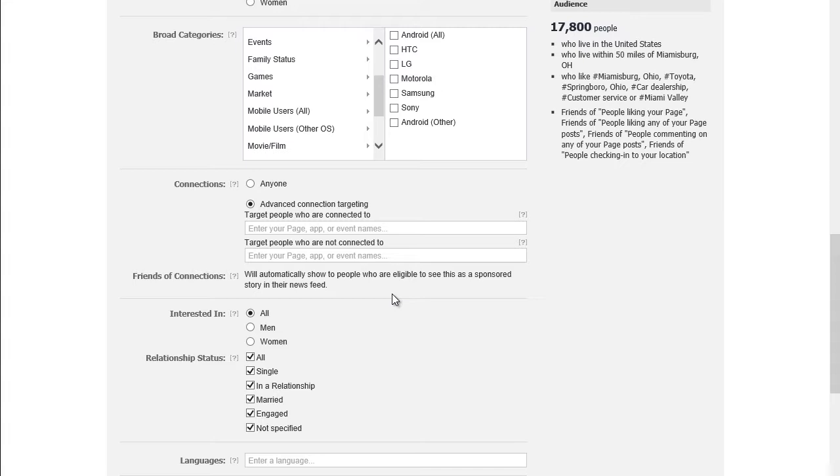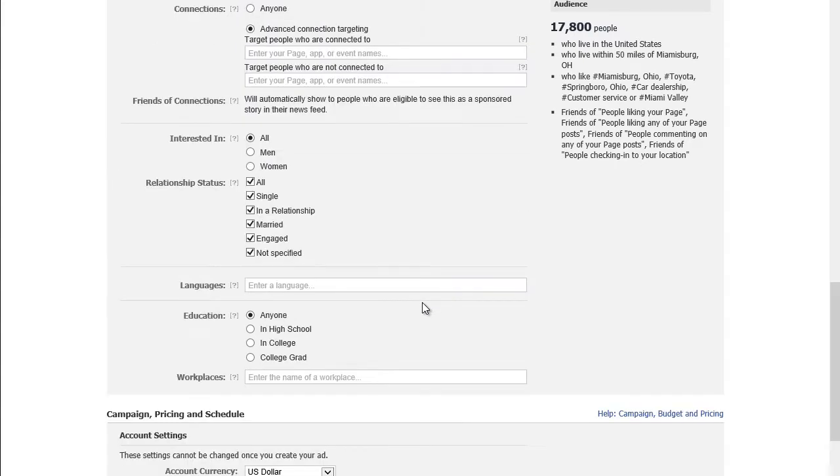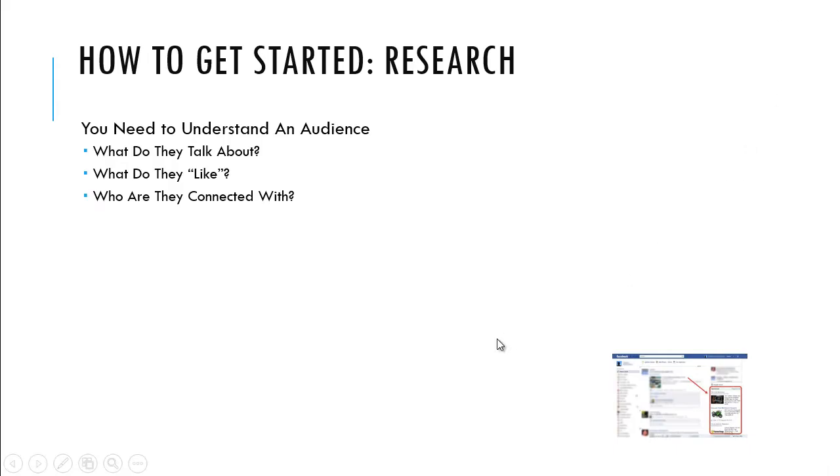You're going to write a specific ad to a specific people, and you're going to find then that Facebook's algorithm will work with you when that happens. This is why you want to understand your audience, because of all these targeting options: if you know them and you put them in here, it's going to give you a better ad. Again, we're going to get into this deeper in another video, but I did want to show you this from the very beginning.